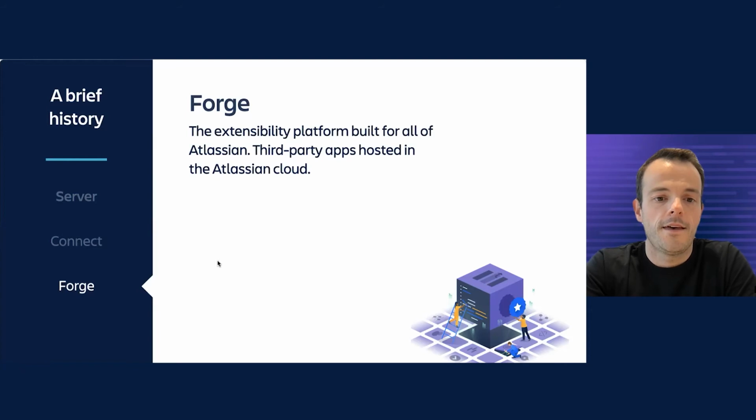It's been designed from the ground up to be a great developer experience. It's not something that's evolved from developers organically hacking the product. And so you can get your first app deployed in just a few commands from the Forge CLI tool, which is really cool. It has this default level of trust because your app is hosted in the Atlassian cloud and data egress is controlled and limited.